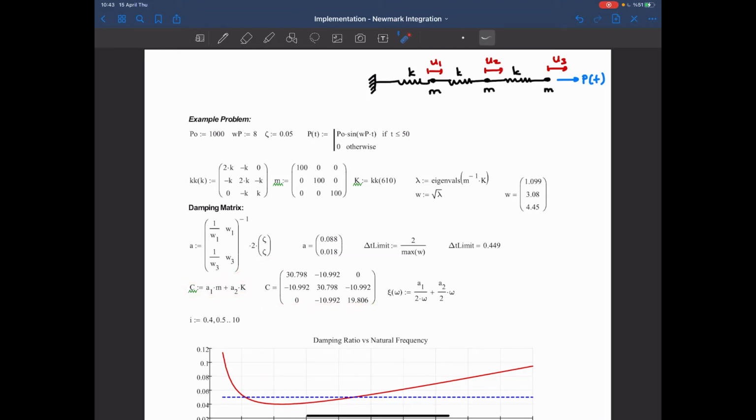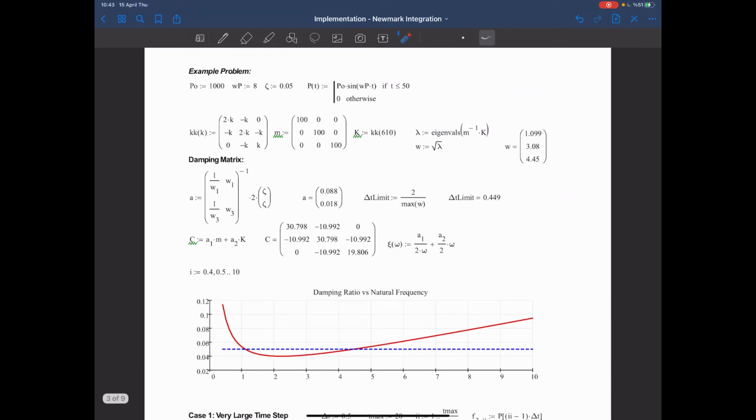Now we know that the Rayleigh damping doesn't give us 5% damping at every frequency. Now according to this approach, I use the first and the third, or 1 and 4.45 in this equation. So you see at 1.1 and 4.45 I have 5% damping.